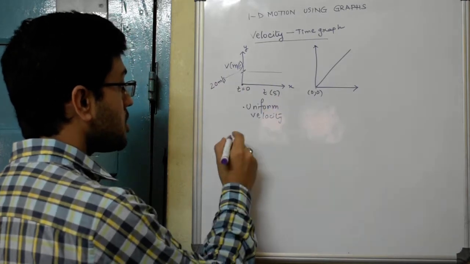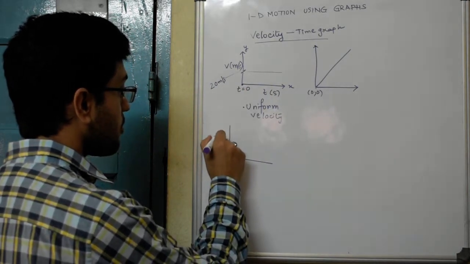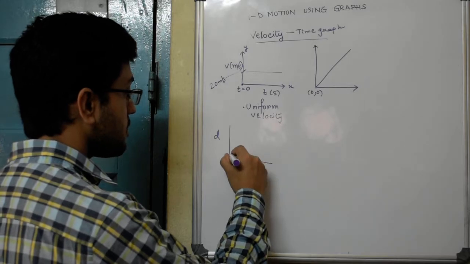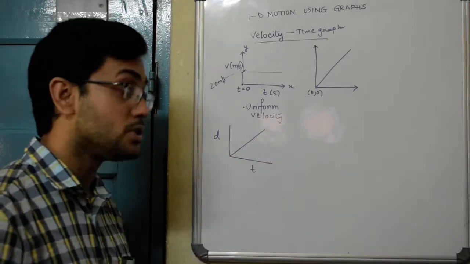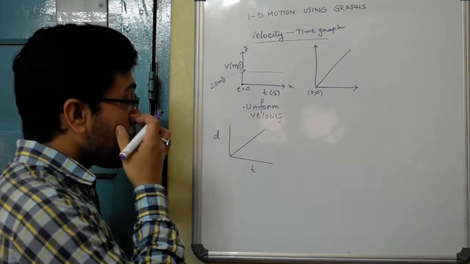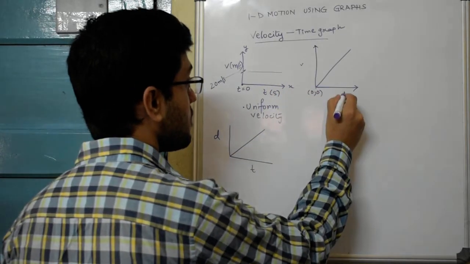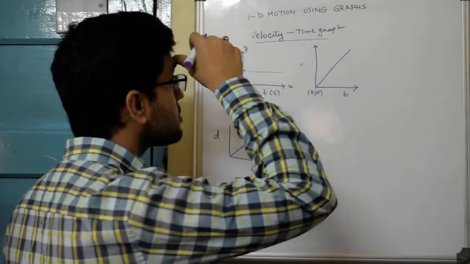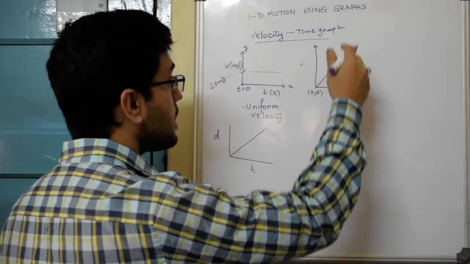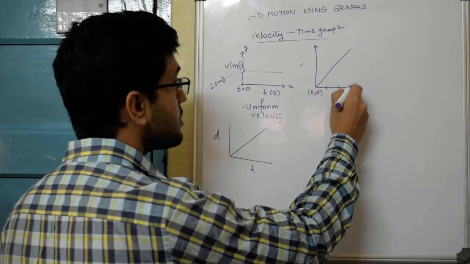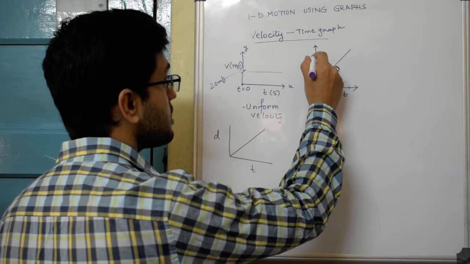Remember, in contrast, that in the displacement time graph, the case for uniform velocity was a straight line passing through the origin. And when in the velocity time graph the graph is a straight line passing through the origin, that means in this kind of motion, as the time is increasing, the velocity is also increasing.